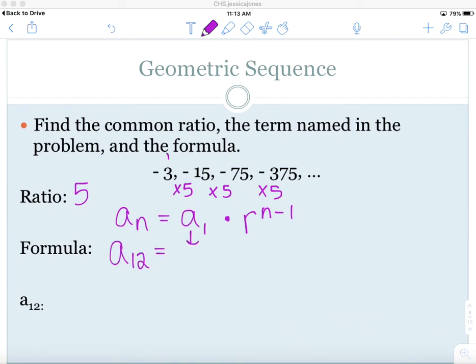Our first term is -3. Our ratio is 5, and then we're going to raise it to the 11th power, because if n is 12, then 1 less than 12 is 11. You can type this straight into your calculator. Remember, the caret button will give you an exponent on your calculator, and when you type this in, it's going to be a pretty big number.